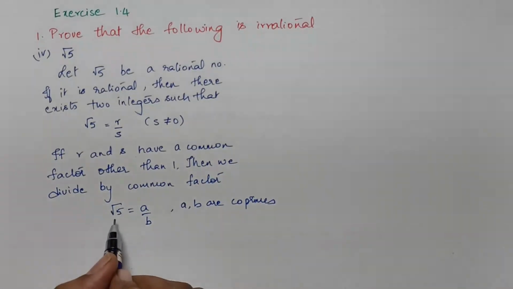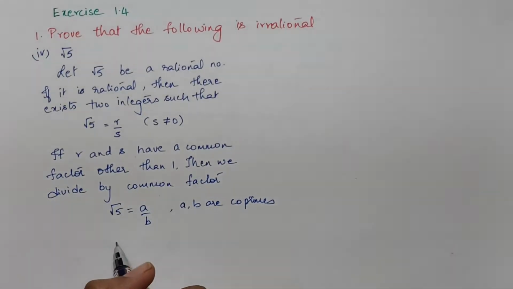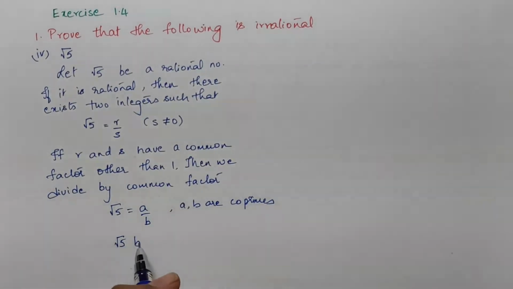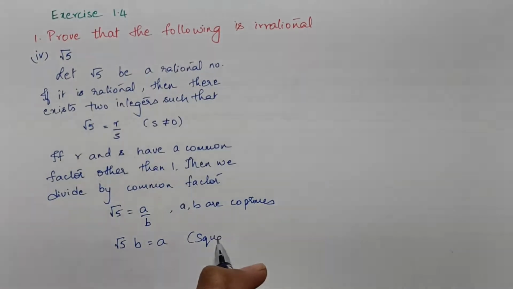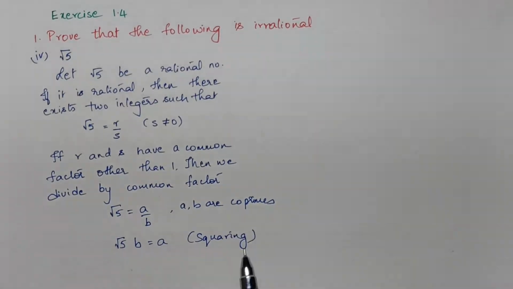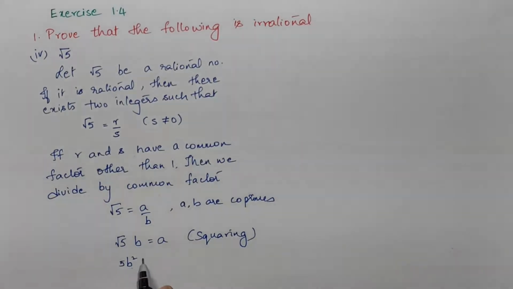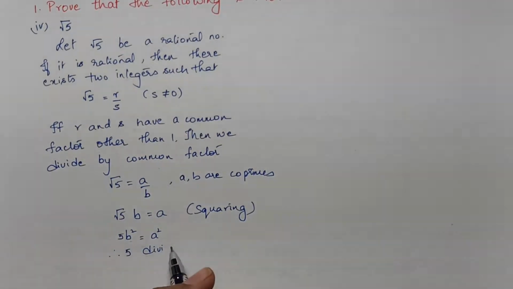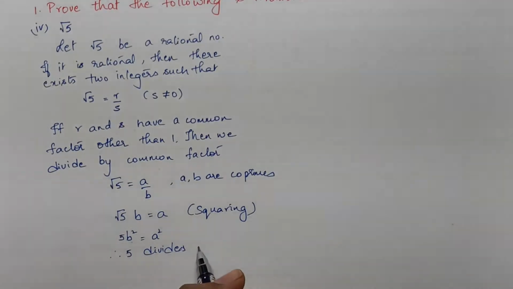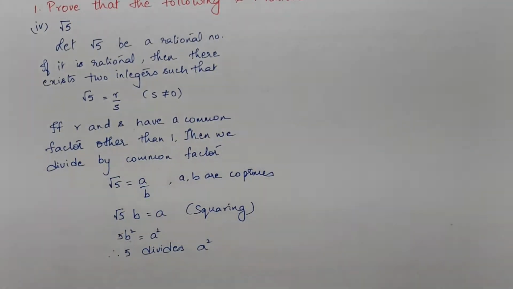So therefore, if root 5 equals a by b, I can write this as root 5 into b equals a. Squaring on both the sides, I would have 5b square equals a square. So here, since 5 is a factor of a square, I can say that 5 divides a square.